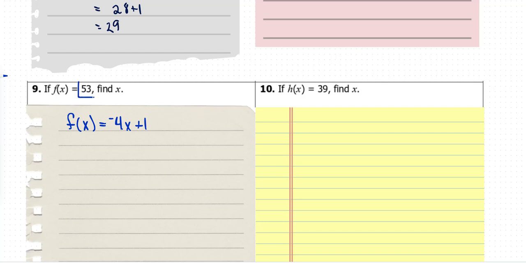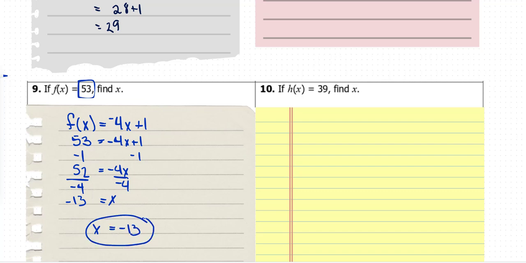So what this is telling me is f of x is equal to 53. So that means 53 is equal to f of x. So I subtract the 1. 52 is equal to negative 4x. Divide by negative 4. And so x is equal to a negative 13. So that's your answer.